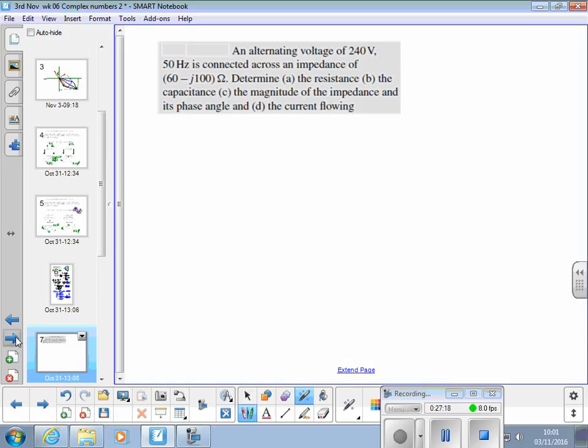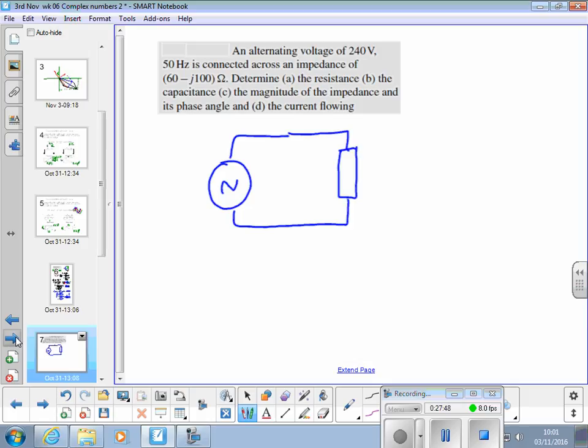Right. Now we'll have a look at a slightly different type of question. An alternating voltage of 240 volts, 50 hertz, connected across an impedance of 60 minus 100j ohms. So let's draw this circuit. There's an AC voltage. There's an impedance drawn like a resistor. Z is equal to 60 minus 100j.